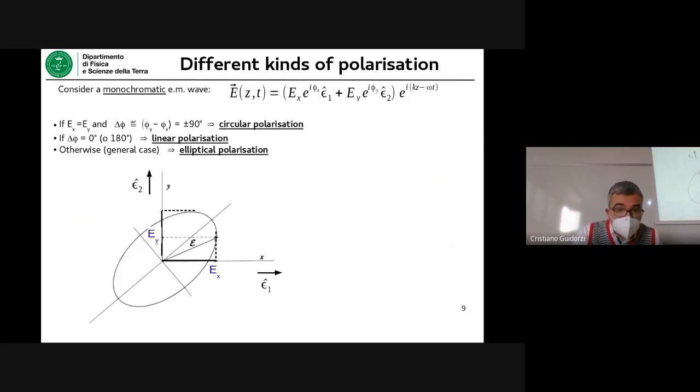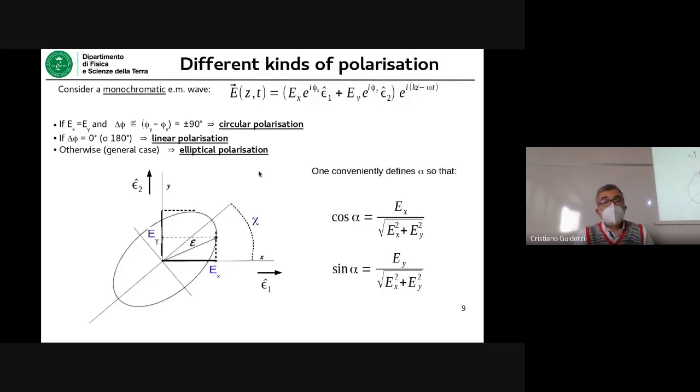And you see this ellipse is just the figure described by the resulting electric field. You can usefully define the so-called chi angle, which is the polarization angle, because it tells you how the ellipse is oriented with respect to your reference frame.